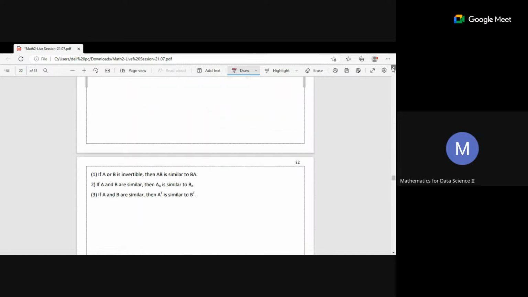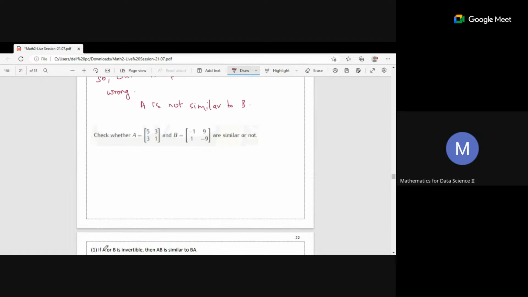Okay, now check whether these two matrices are similar or not. How to check that? First of all, are they equivalent? If it is similar, then you know that they are equivalent. No, ma'am. Okay, what is the rank of A? Full rank, 2. And rank of B? Less than 2. So the ranks themselves are not the same.